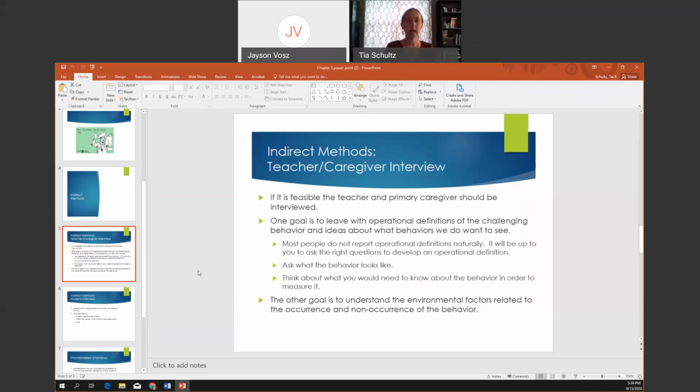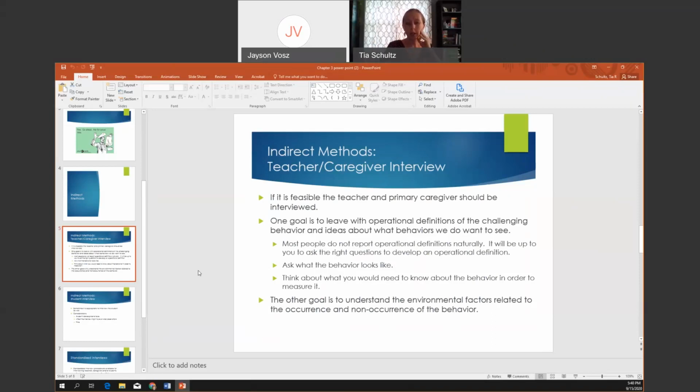So the student is yelling, the student is hitting, the student is throwing work items on the ground. That helps us get more towards something we can see and that we can measure. And we will work on operational definitions in here as we move along. So at this point in time, it's not necessary to have a really good handle on that, but just in general to understand we're working toward having a definition we can measure.